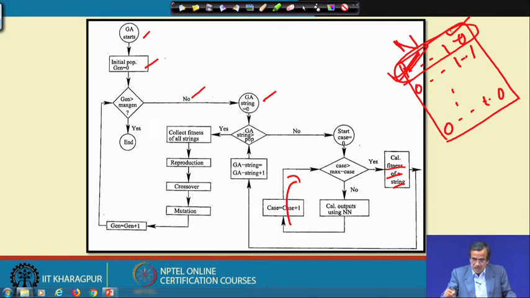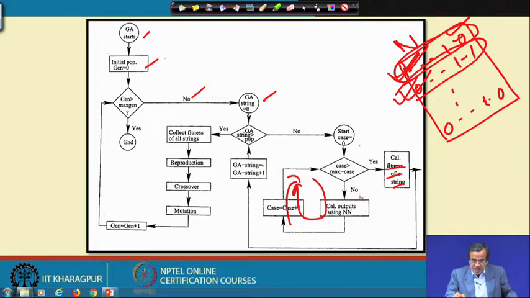Now, I go for the second G string. This information of the fitness will come here, and here it is G string equals G string plus 1. So, I am going to send the second G string, and once this second G string is ready, once again I am going to pass all the training scenarios.